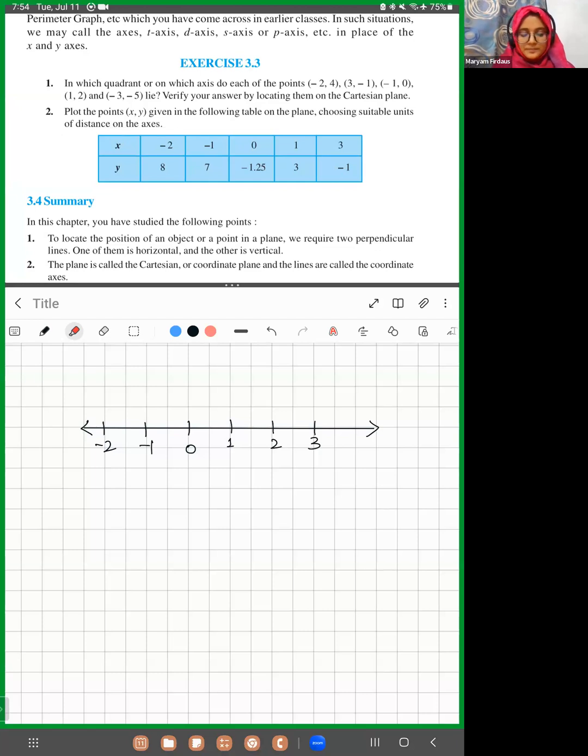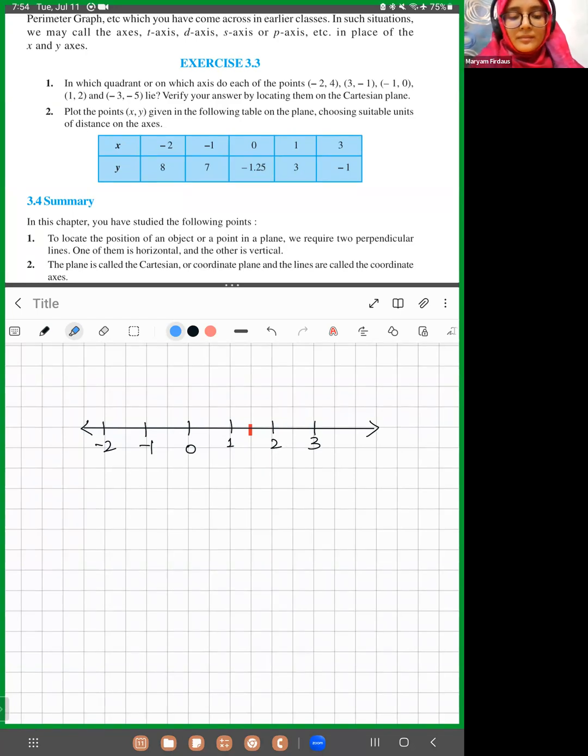Between 1 and 2. Between 1 and 2, right? It will be right over here. Okay, where will 1.25 be? 1.25 means quarter of the distance between 1 and 2, right? Yes.